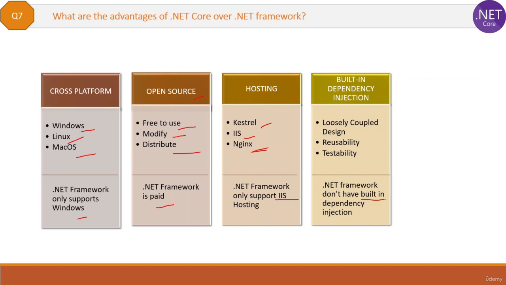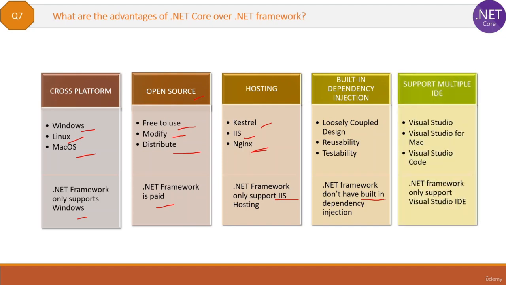Then the last advantage of .NET Core is it supports multiple IDEs. It can support multiple IDEs like Visual Studio for Mac, Visual Studio Code, and other IDEs are also supported by .NET Core.